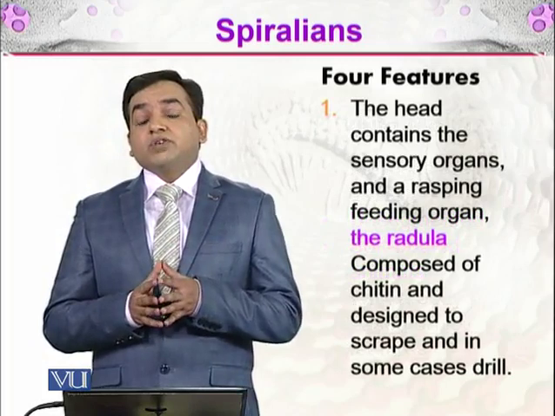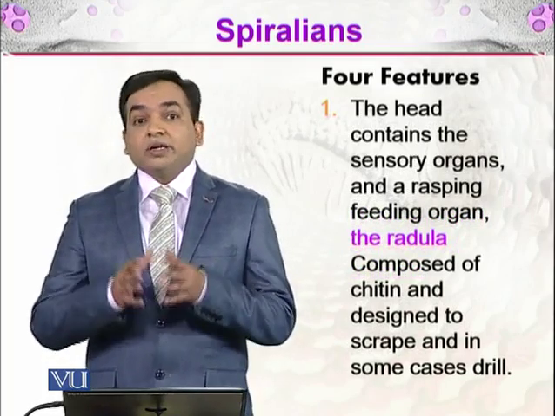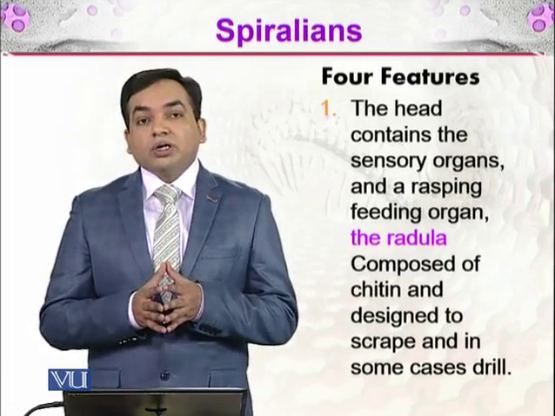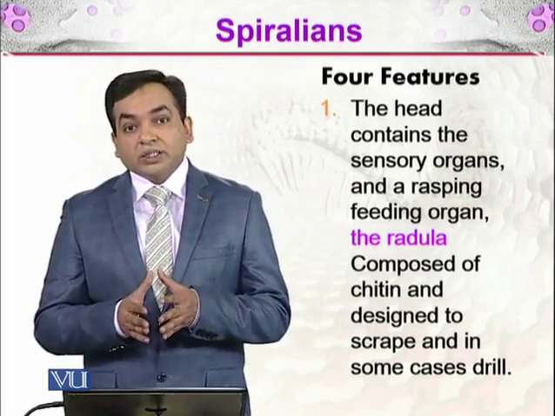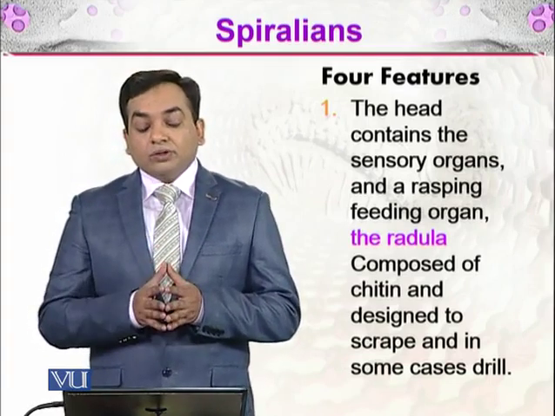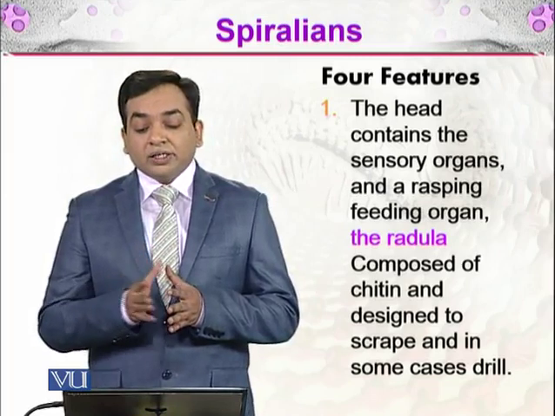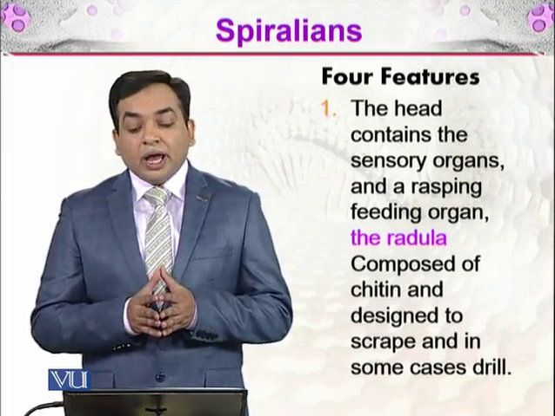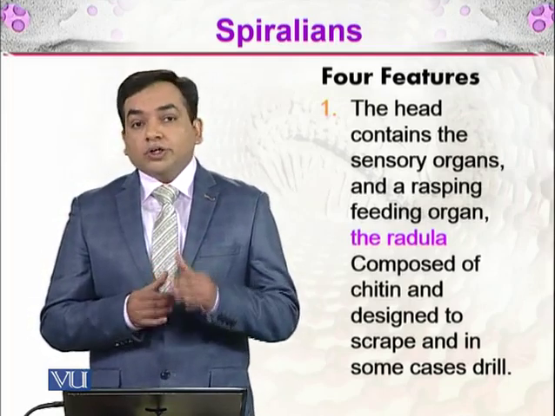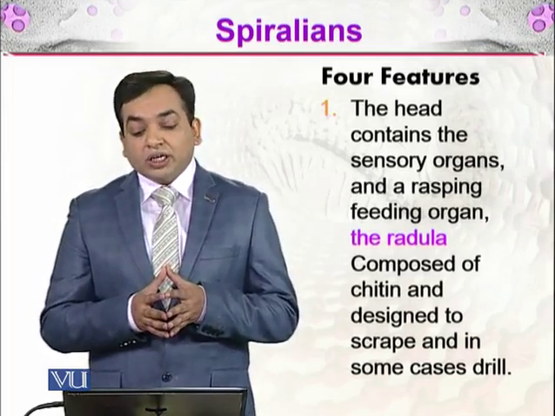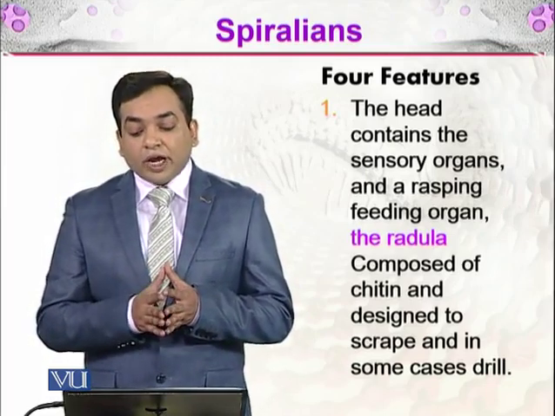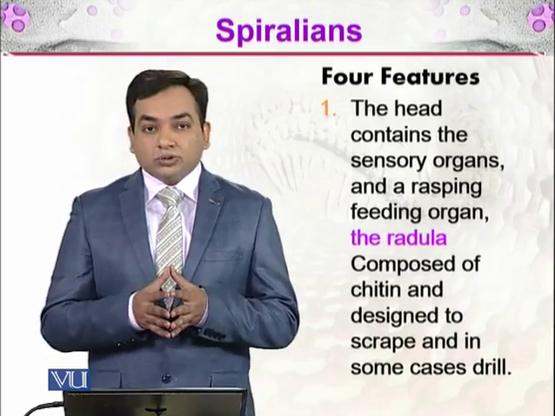If an organism contains those 4 features, at the level of simplicity or complexity according to the phylum Mollusca, then it is included in this group. The first feature is that their head contains the sensory organs and a rasping feeding organ called the radula. It is a tongue-like structure composed of chitin, and it is designed to scrape and in some cases drill.